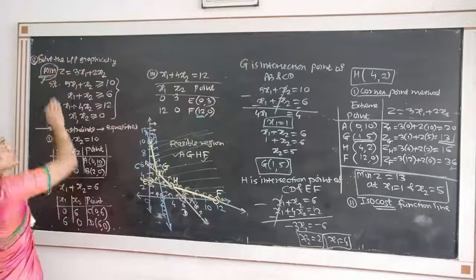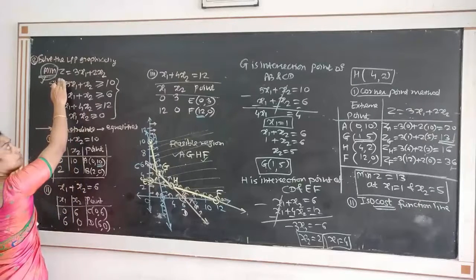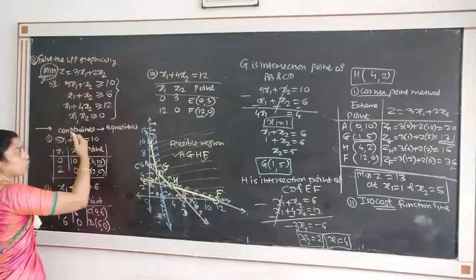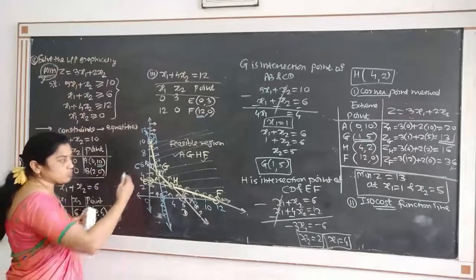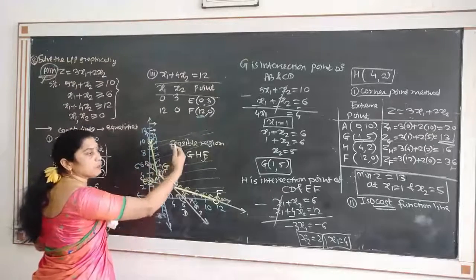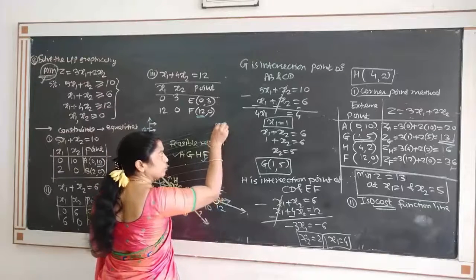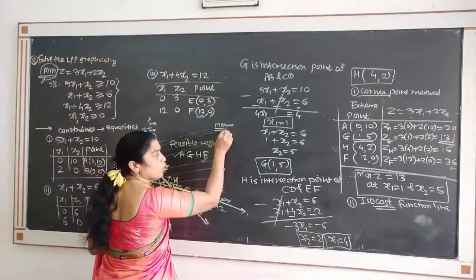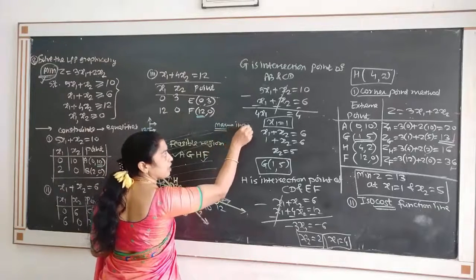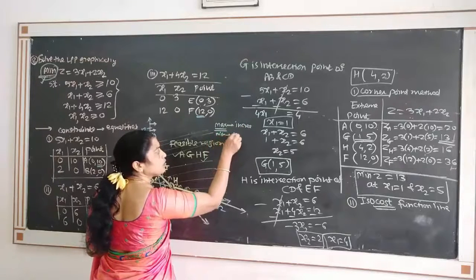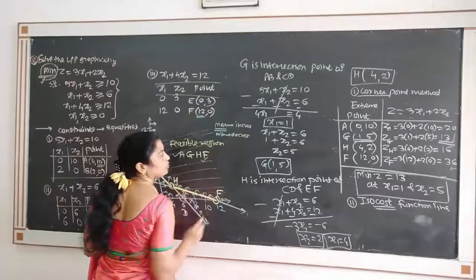So take any value of z and see the line. You have to come towards the origin now, because towards the origin it comes decreasing. When the function is maximization, you want the value of z in the increasing direction. But if it is minimization, you have to see in which direction it is decreasing.